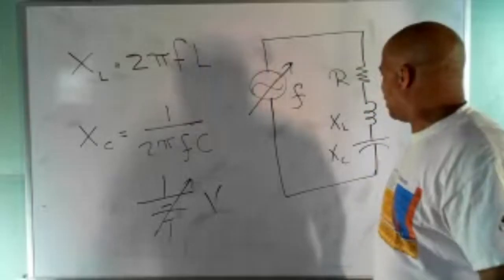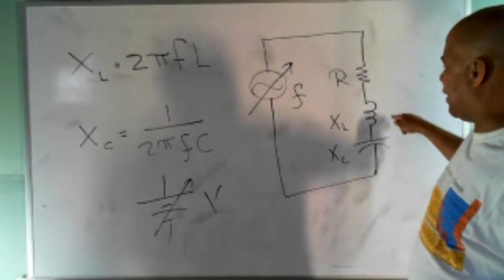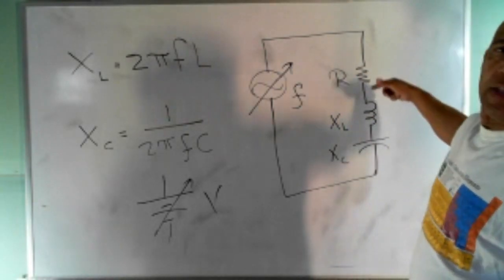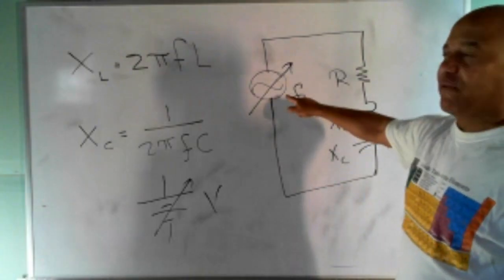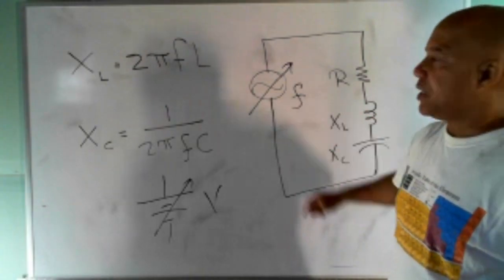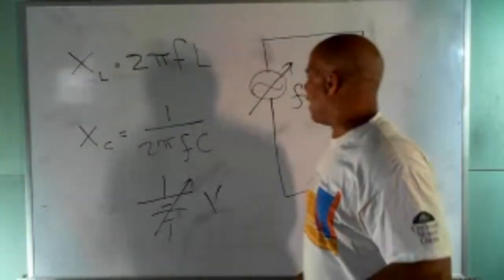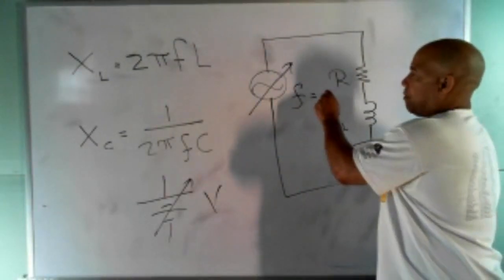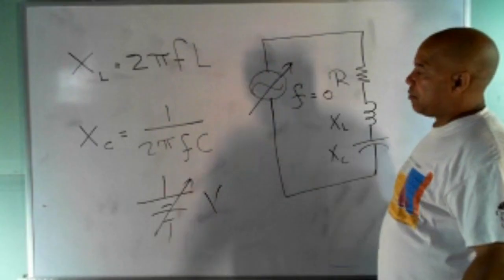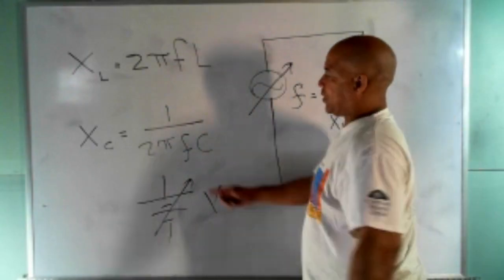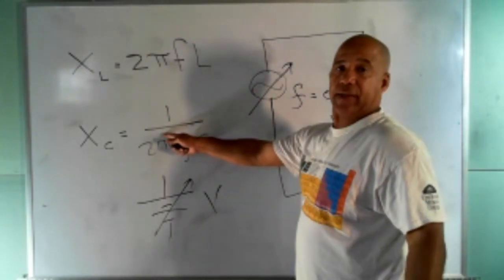And the question I want to ask is, what happens to XL and XC and the current and all of that in the circuit as I change the frequency? I want to start by saying we have this set at 0. What happens when I set that to 0? What's the value of XL, XC?